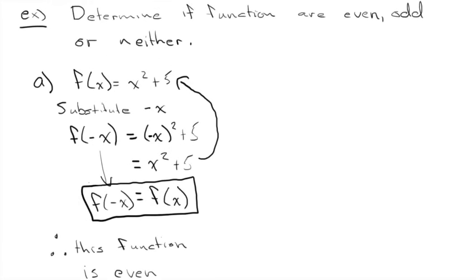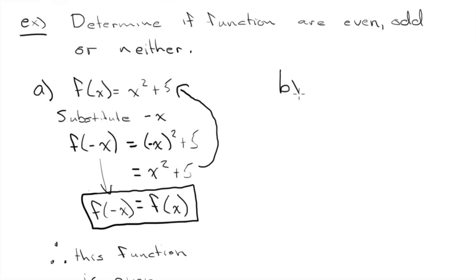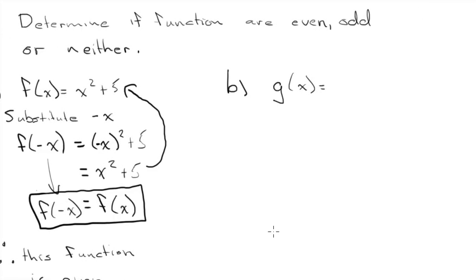We can do the same thing with another example. Let's say f at x, actually let's not use f all the time, let's say g at x. It'll be the same definition, just instead of f's, now g's. So this one's going to equal 1 over x cubed minus x. We're going to do the exact same thing. We're just going to evaluate this function at negative x.